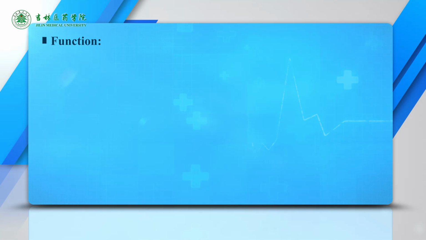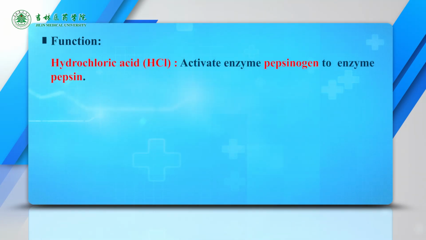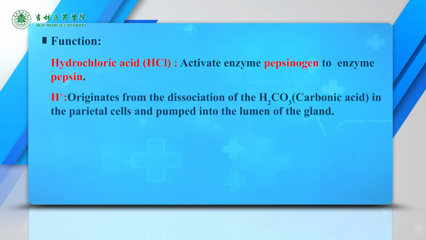Function: parietal cells secrete hydrochloric acid, which activates the enzyme pepsinogen into the enzyme pepsin. Hydrogen ions originate from the dissociation of carbonic acid in the parietal cells and are pumped into the lumen of the gland.